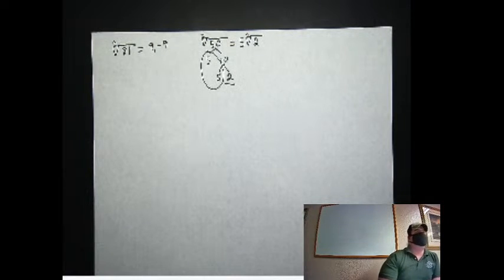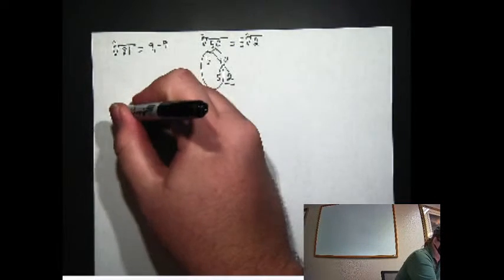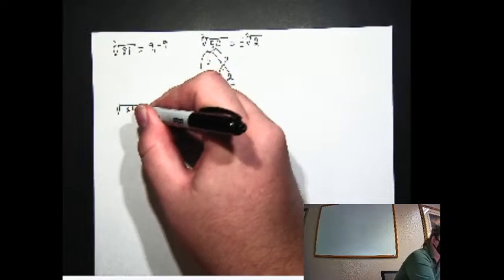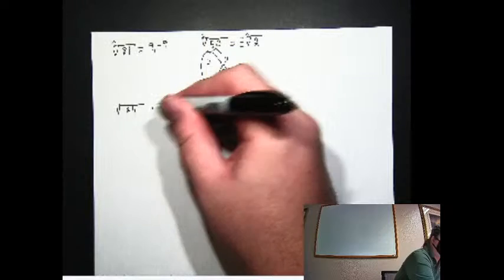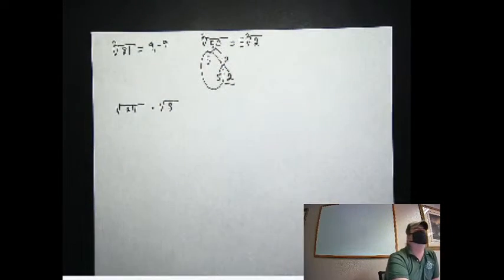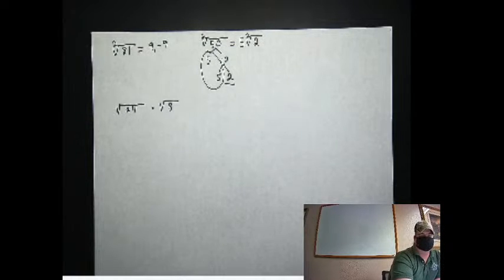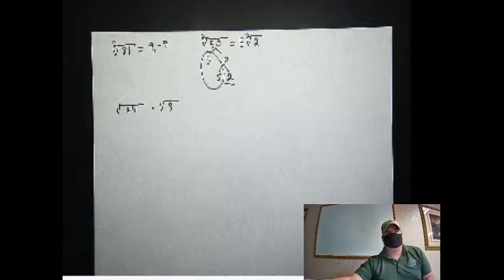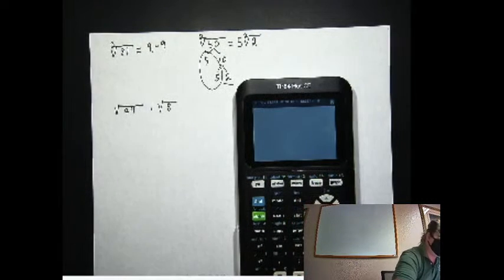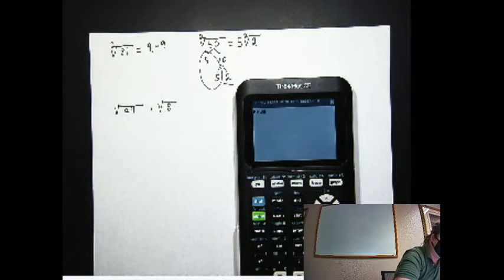Okay, we also said that we could multiply these things. So for instance, if I have square root of 24 and multiply that by square root of 8. So one thing that I could do is I could multiply in my calculator 8 times 24, since they're both square roots.